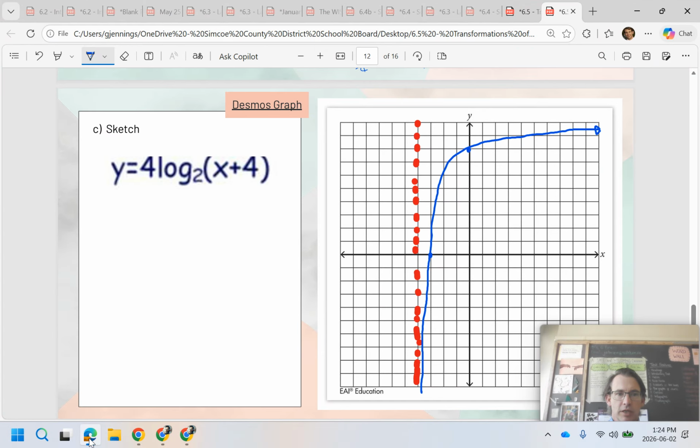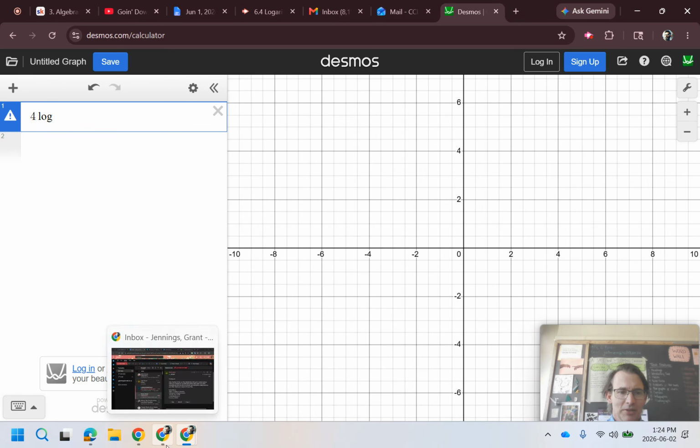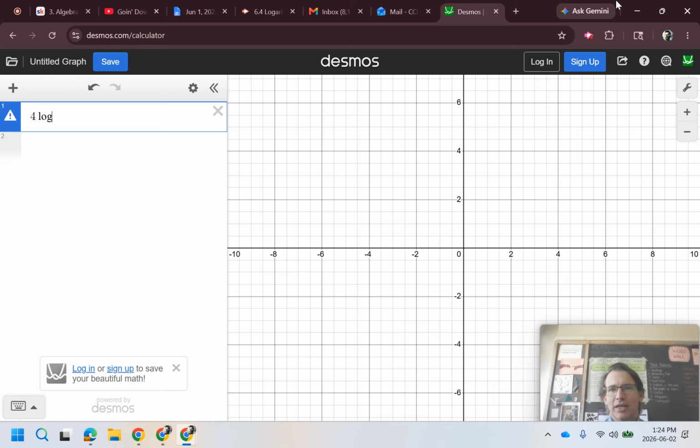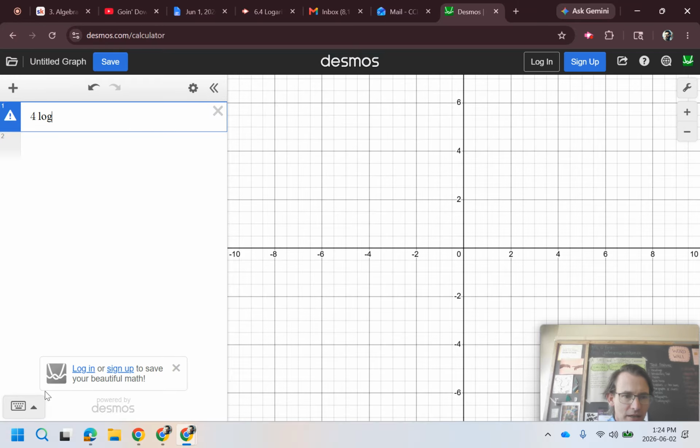So we are interested in 4 log base 2 of x plus 4. How do I do base 2 in here? I'll do this later. Oh, wait, no, I can't. I can't bring myself to navigate to my email. Yeah? You can put like a... I think it's in here.